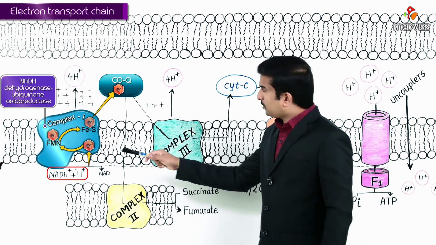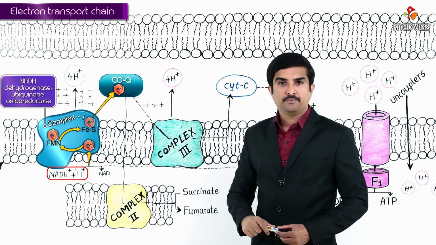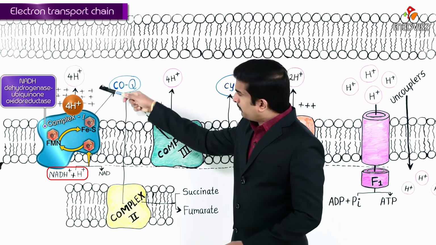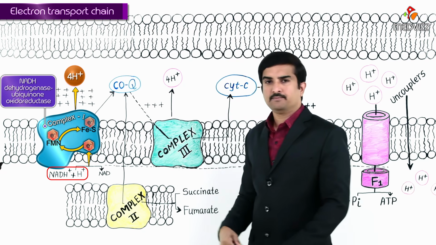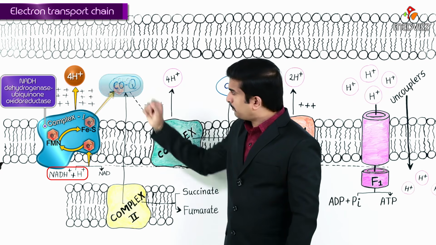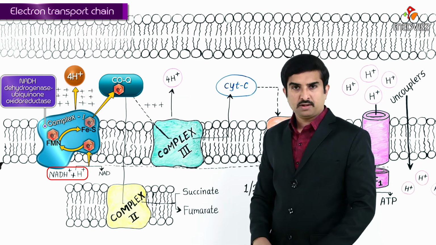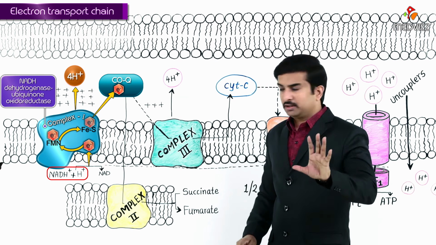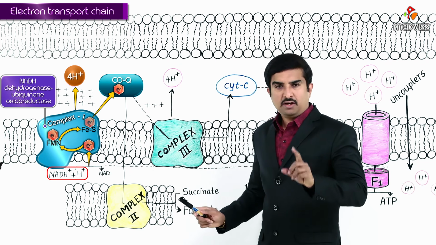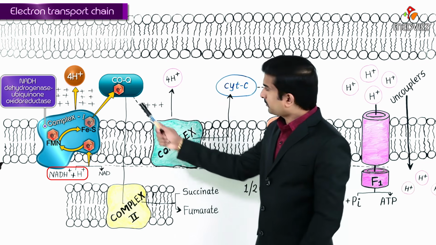So once electrons are transferred to coenzyme Q, at this particular step, 4 protons are pumped into the intermembrane space. Right, we can see very clearly here that 4 protons are pumped into the intermembrane space. So by this you should know that after complex 1 is completed, where are the electrons now?